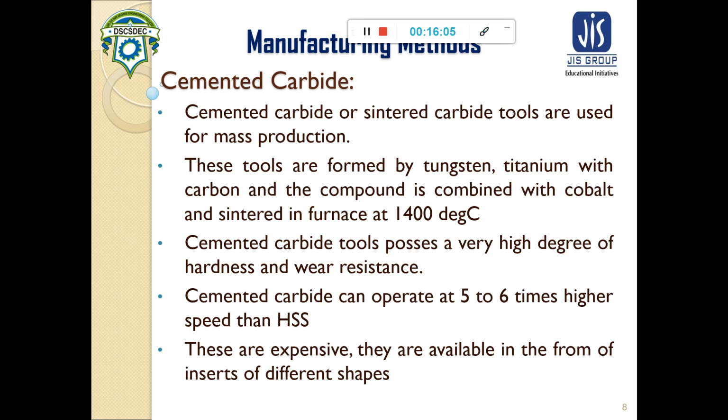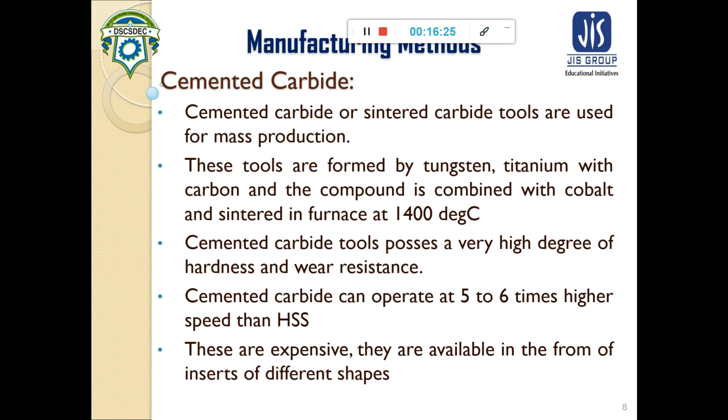Cemented carbide is one of these tools, and these cemented carbide tools are made by using tungsten, titanium with carbon, and the compound is combined with cobalt and sintered in a furnace at 1400 degrees Celsius.